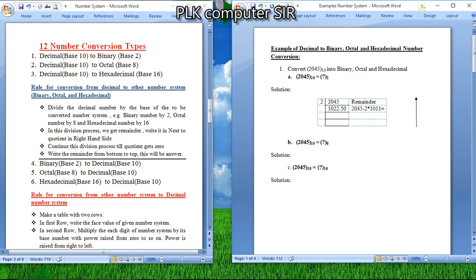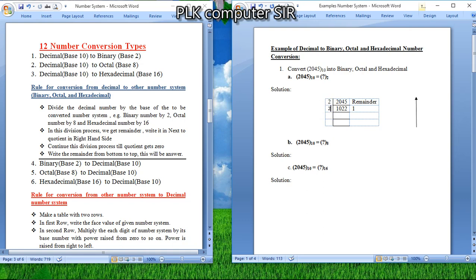If we do this, the answer will come 1. It is only for understanding purposes. No need to put the decimal value here. It is not 0, so we have to continue the division process again by 2.